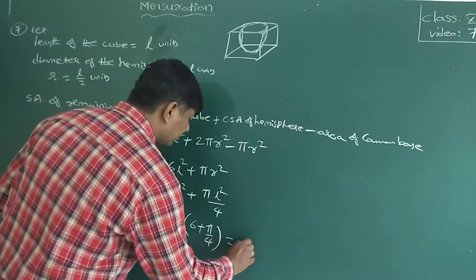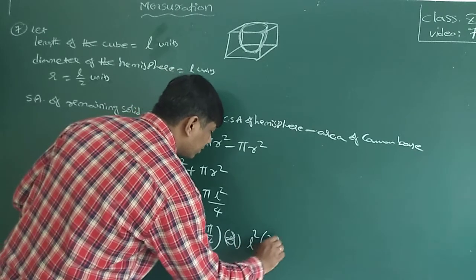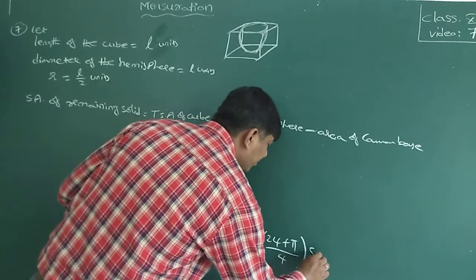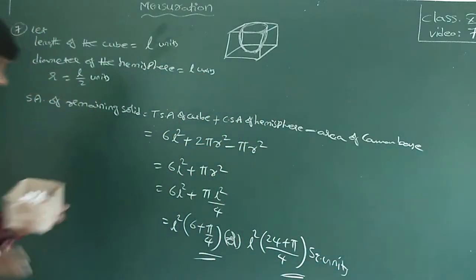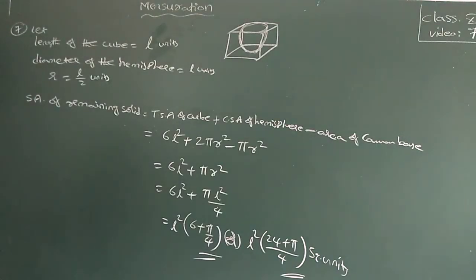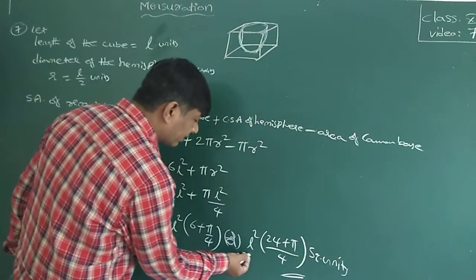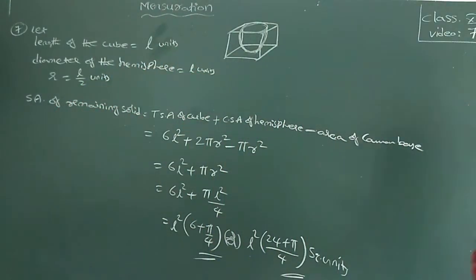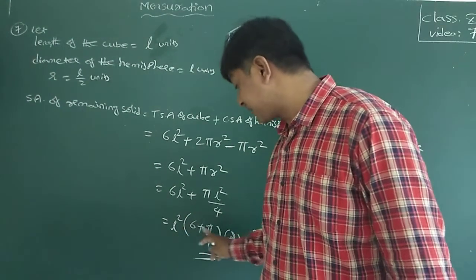Simplify this: L square into 24 plus pi by 4 square units. Either this or this. If you take the LCM, you can write L square by 4 also. If you don't take the LCM, then you write 6 plus pi by 4.